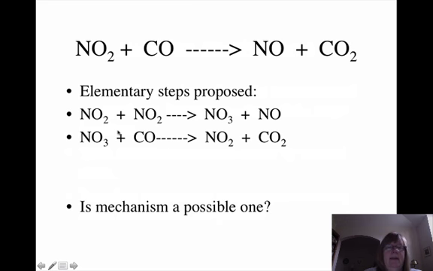It does not appear in the overall balanced equation. However, it is part of the mechanism. So NO3 here is what we call an intermediate. It is made and then it is consumed in another elementary step. So if we said, is there an intermediate in this reaction? The answer is yes, and it is NO3.